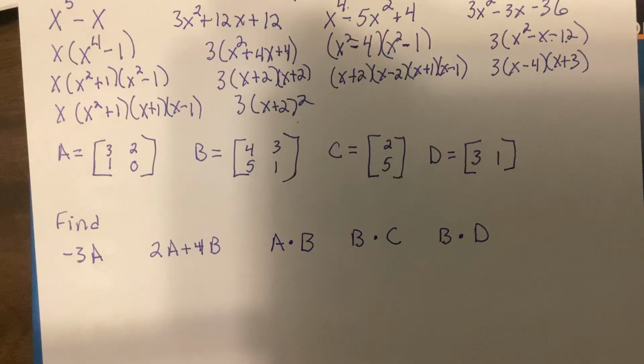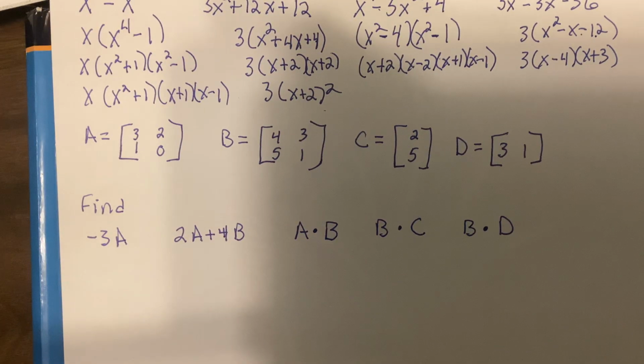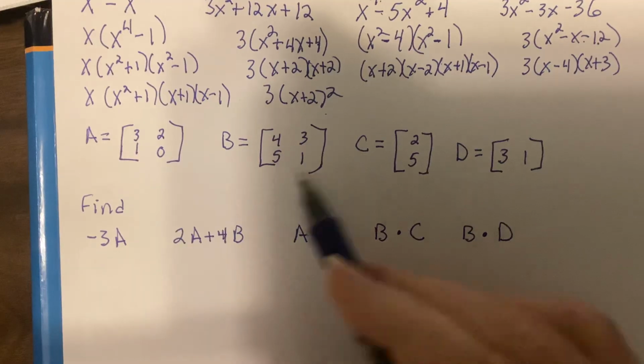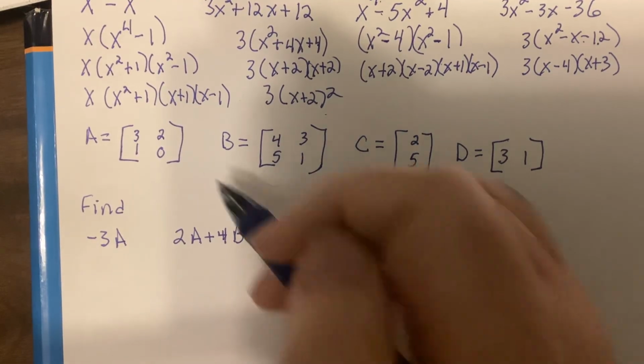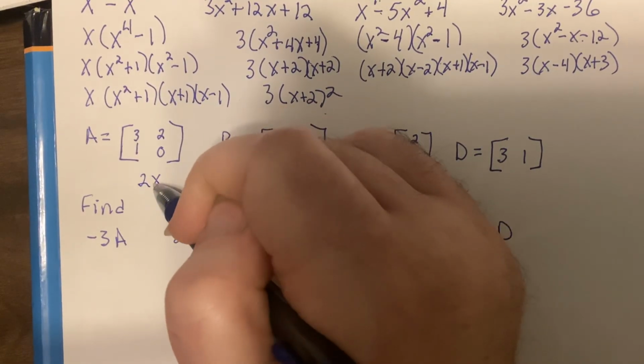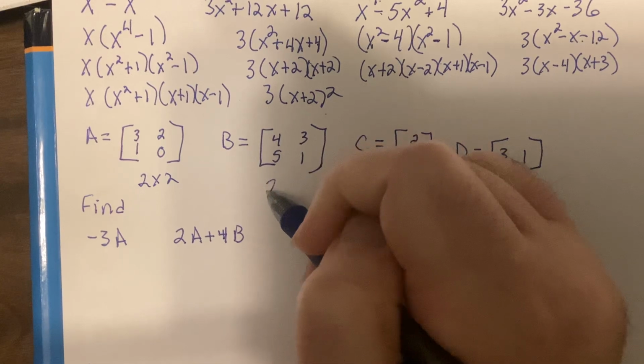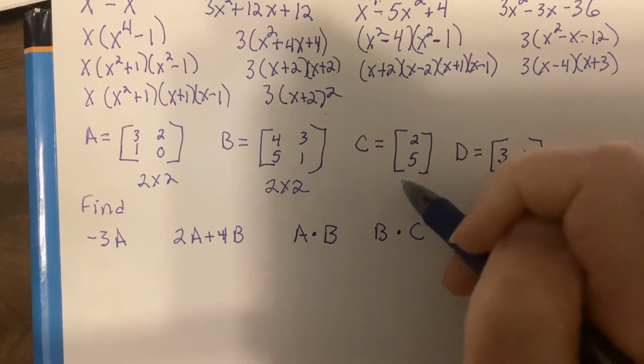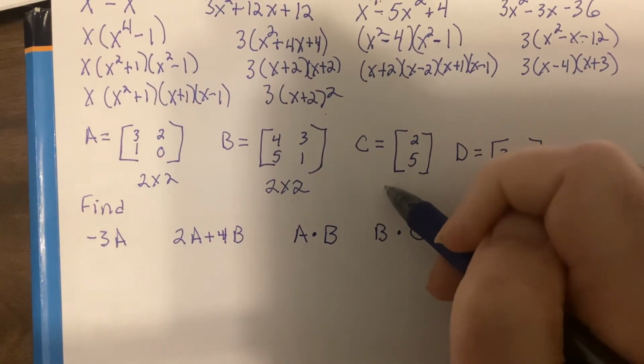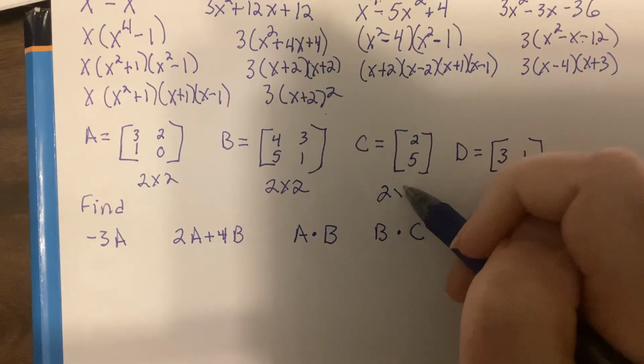Now, matrices. It's been a while since we've done matrices. So we're given A, B, C, and D matrix. This is a 2 by 2. This is a 2 by 2. This is a 2 by 1.